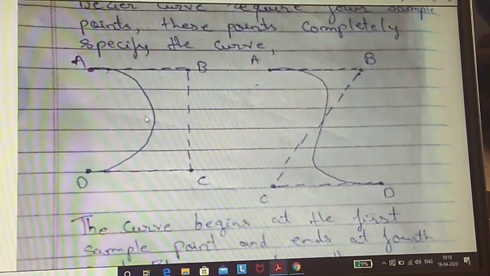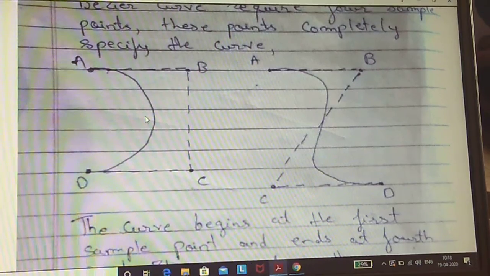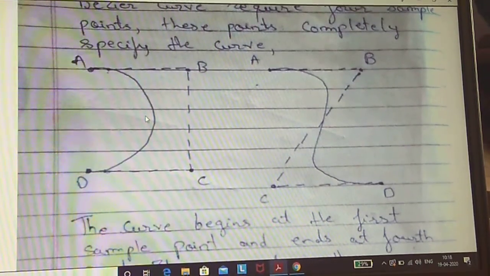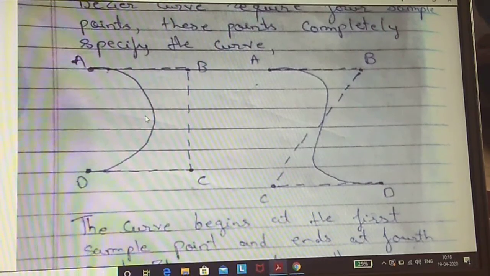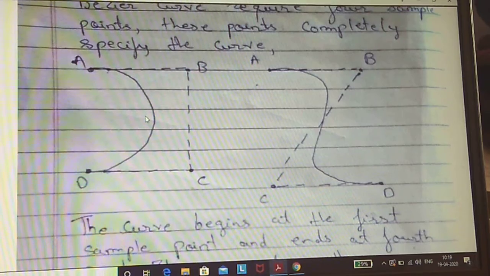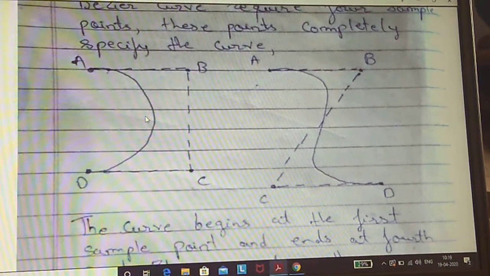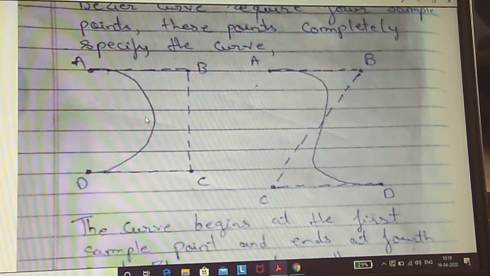The distance between A and B determines how long the curve moves in that direction, direction C, before turning towards D.